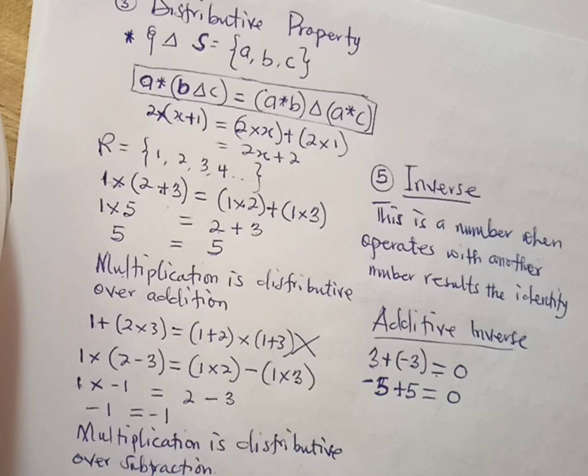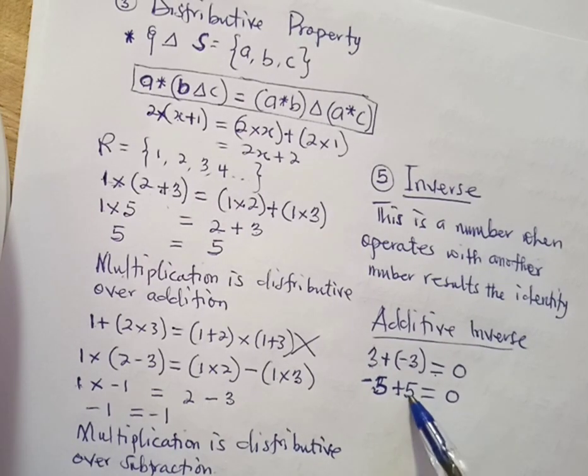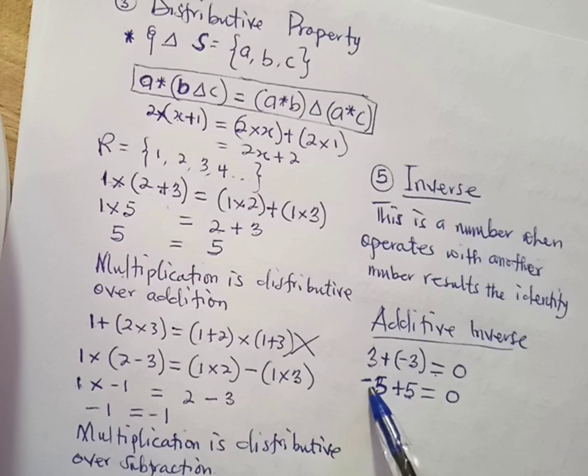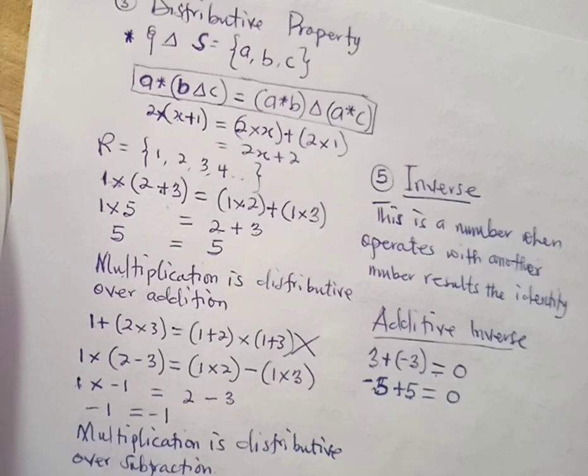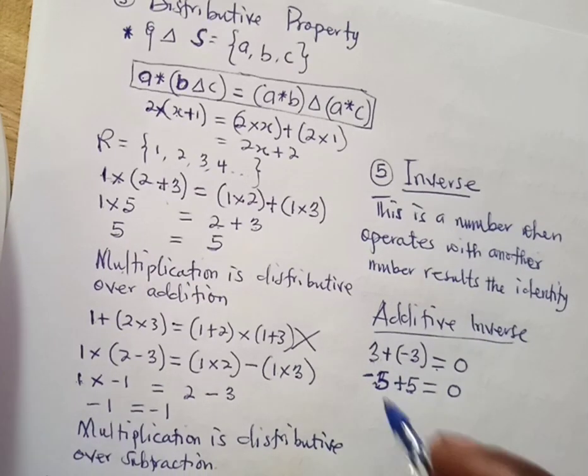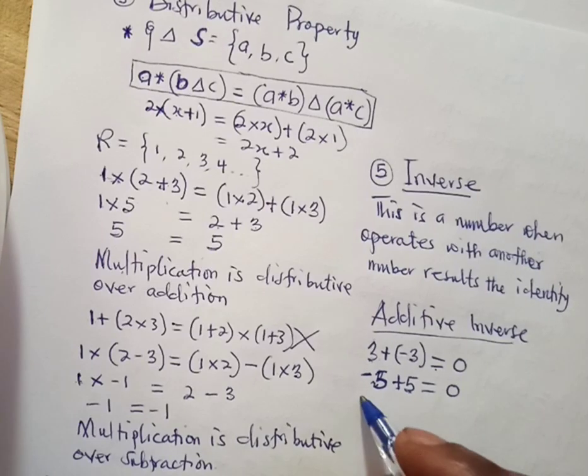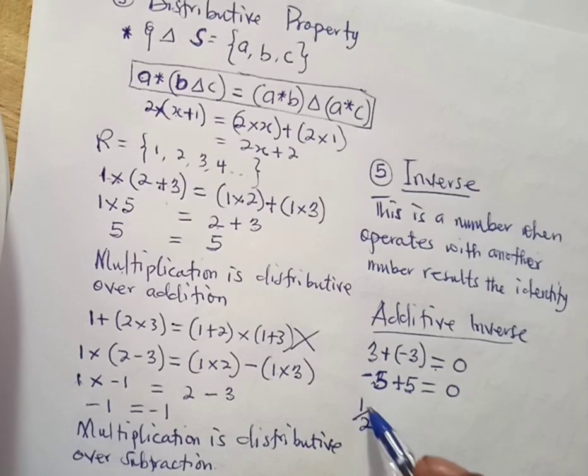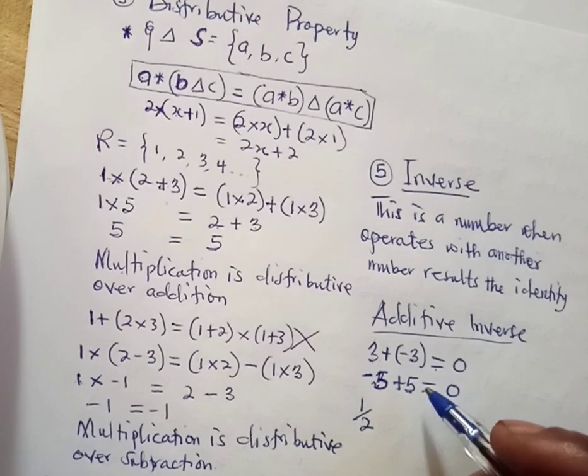Have you gotten that? If I ask you to find the inverse of negative 5, the inverse is 5, because if I add 5 to negative 5, I get 0. If I write half, this is the number I have. How do I get the identity number?